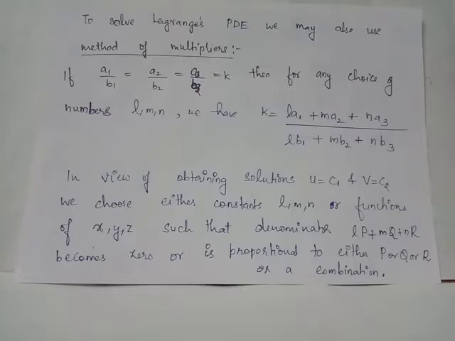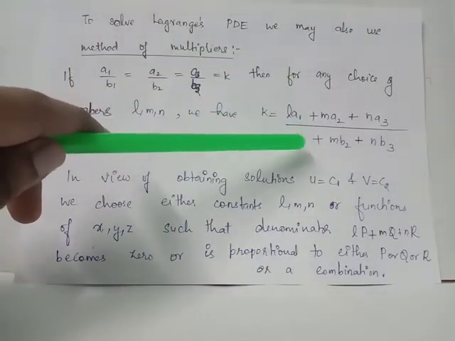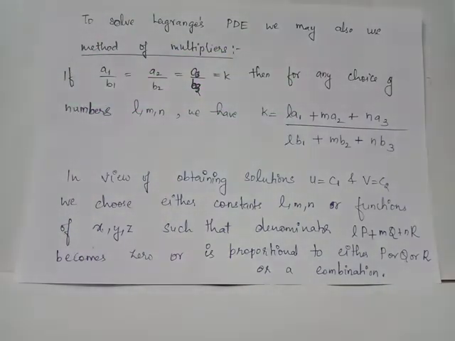So this concept is used to solve Lagrange's partial differential equation. When we wish to find solutions for Lagrange's partial differential equation of the form u equals c1 and v equals c2, we may choose either numbers l, m, n or functions of x, y, z to multiply with the numerators and denominators and add up the numerators and denominators correspondingly.